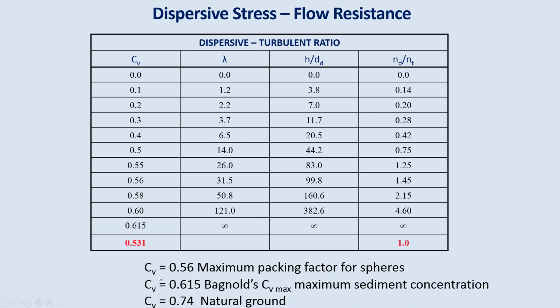So what I'm trying to say to you here is that this all makes sense. You start walking on ground around 40% porosity. You have to separate the particles in order to have fluid motion. So you're going to decrease this a little bit and get down between 55 and 60% concentration by volume.